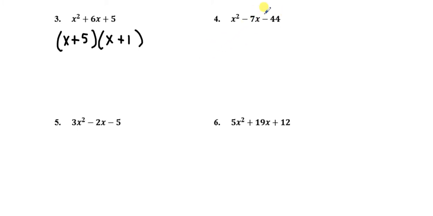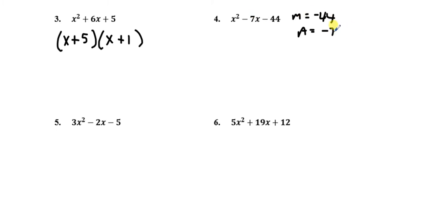All right, this one we have two numbers that multiply and give us negative 44, and add up to negative 7. So you think of the terms at 44 and 1, 22 and 2, 11 and 4.